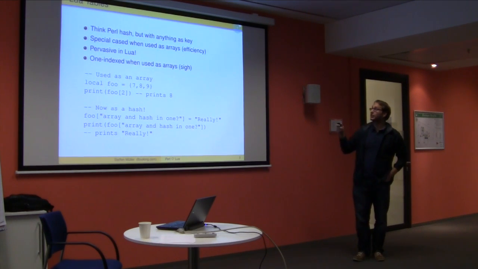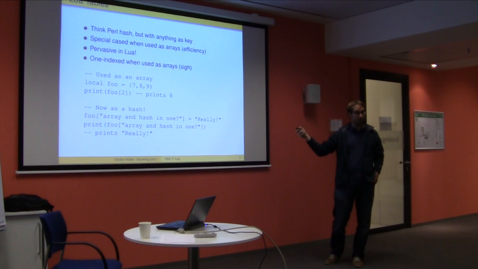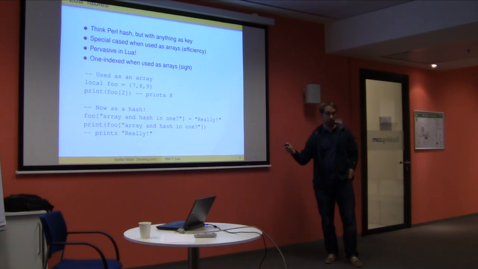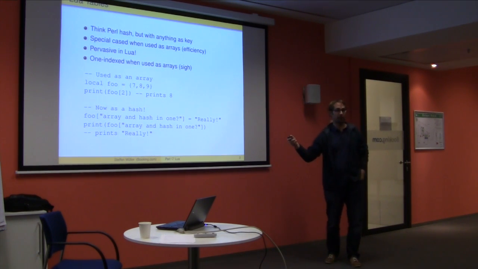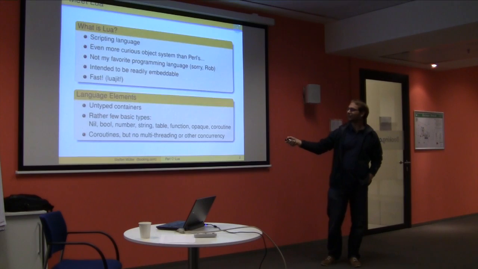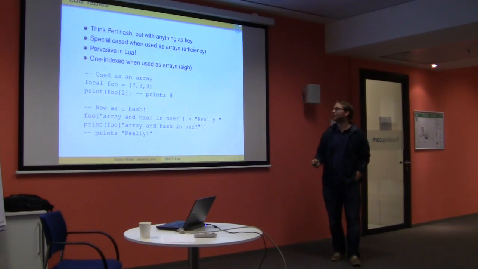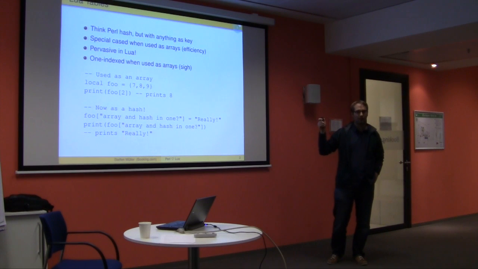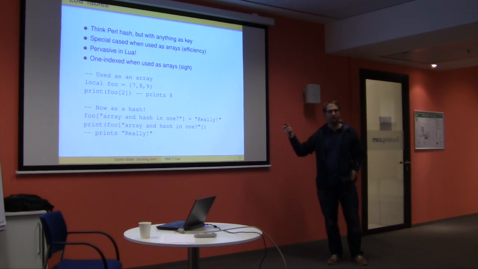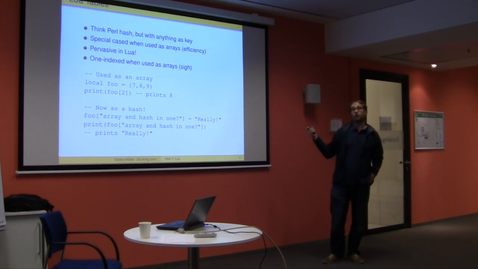Okay, examples. Specifically Lua tables. They're kind of like a Perl hash, except they're also a Perl array, and they're also a dictionary. This reminds me of PHP. Anyway, in the background, the implementation special cases them if you use them as an array, probably for efficiency.